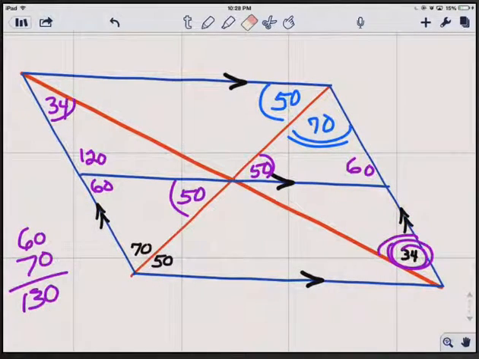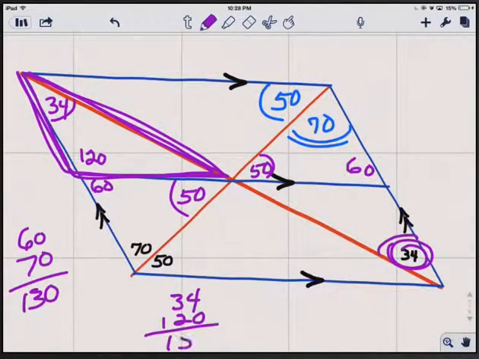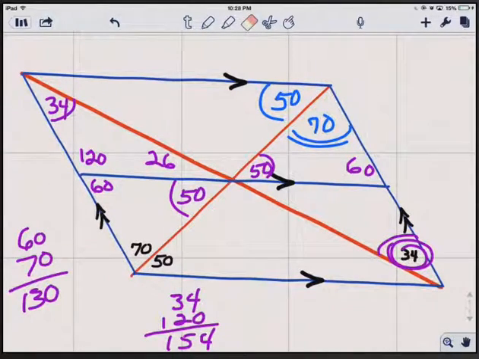And now we have, once again, a bunch of different ways of continuing. This triangle that I'm highlighting, those angles have to add to equal 180, so therefore 34 and 120 total 154. Subtracted from 180 gives you 26 for this angle, the missing angle in that triangle. Now vertical angles have to be congruent, so therefore if that angle is 26, this angle over here is 26.